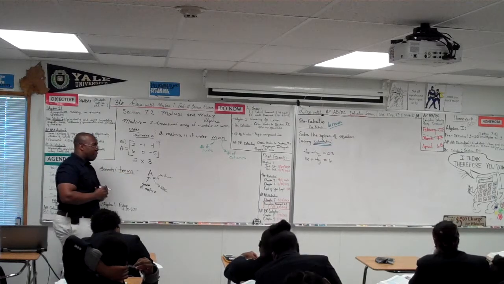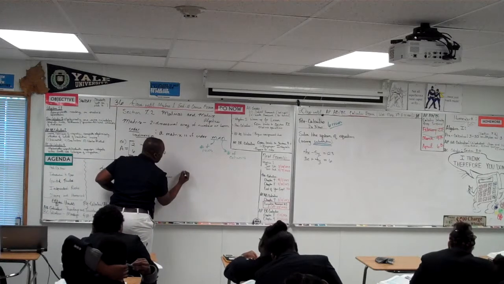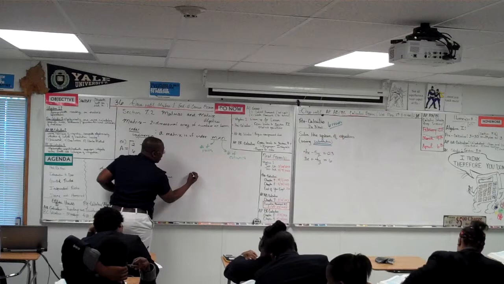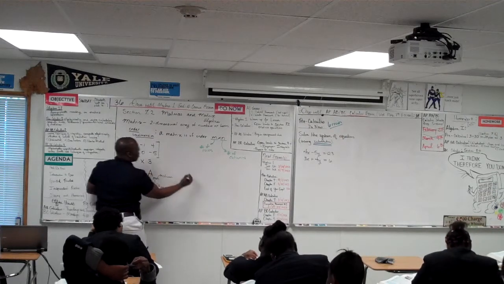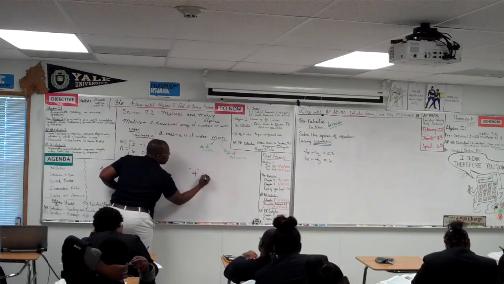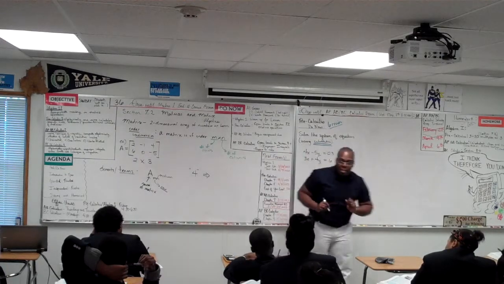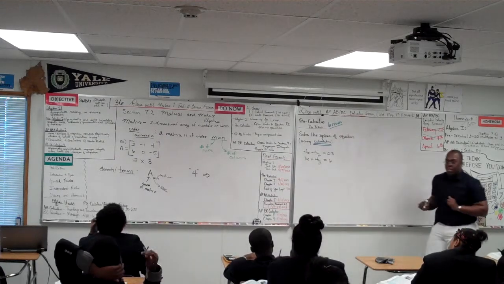So let's see another example of that really quickly. Let's say you're looking at this same matrix A. If I told you to look at, I don't know, the 4, how would you identify the 4 in matrix A?